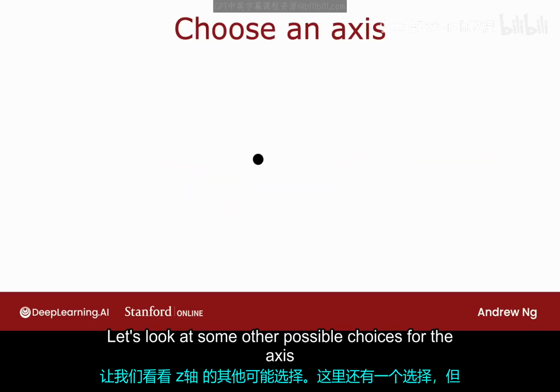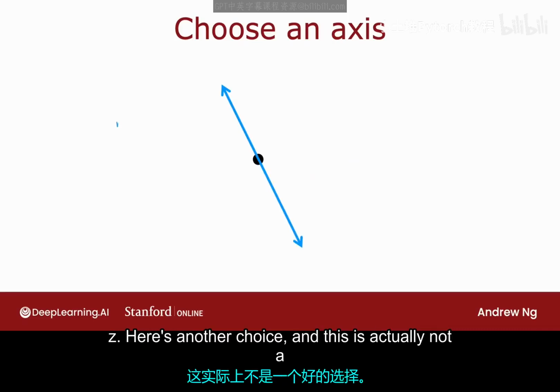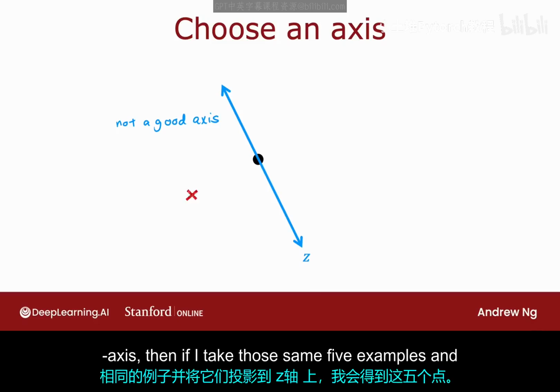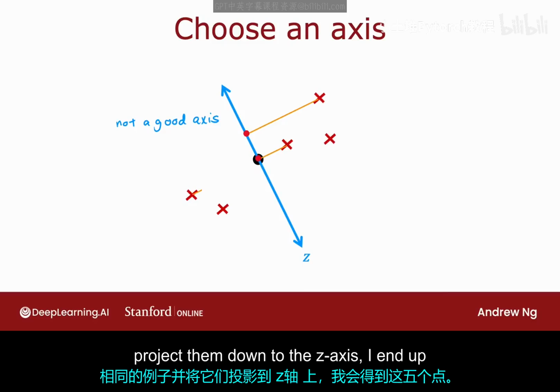Let's look at some other possible choices for the axis z. Here's another choice, and this is actually not a great choice. But if I were to choose this as my z-axis, then if I take those same 5 examples and project them down to the z-axis, I end up with these 5 points.